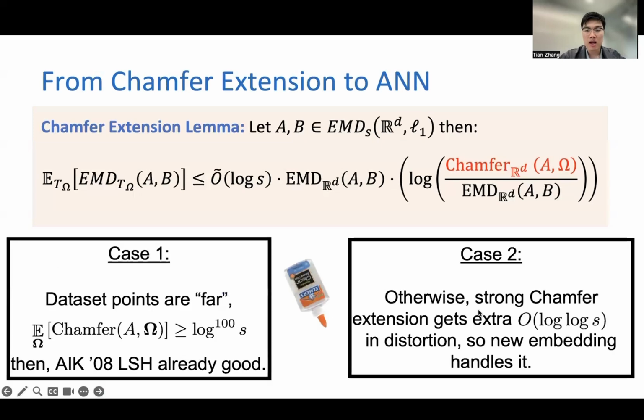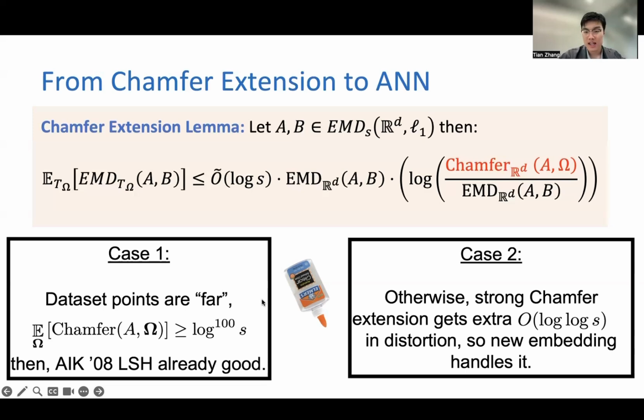So with that lemma, actually we have two cases. In the first case, imagine A is a query, and on average the data set points are far from A in the sense of the chamfer distance. In this case, we can show that actually AIK LSH is already good.